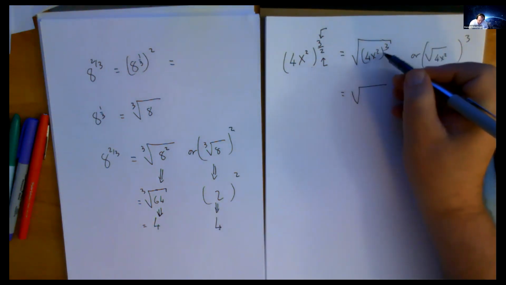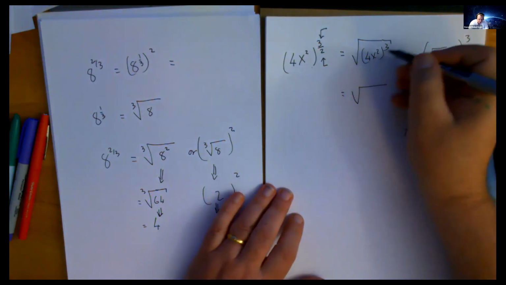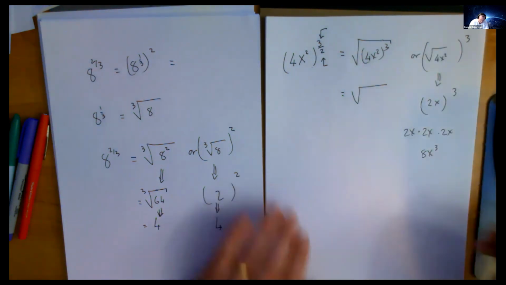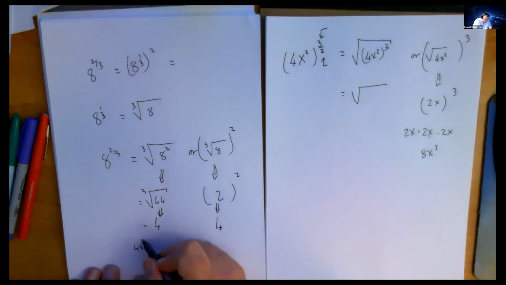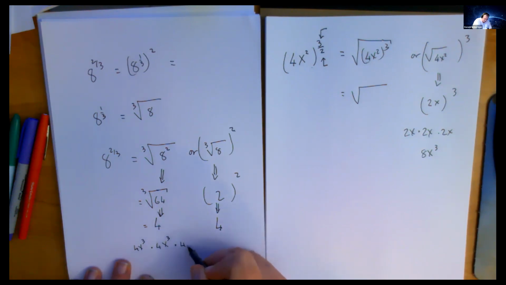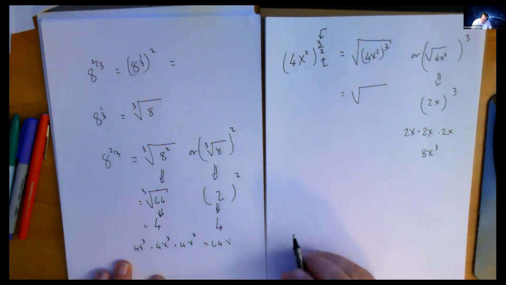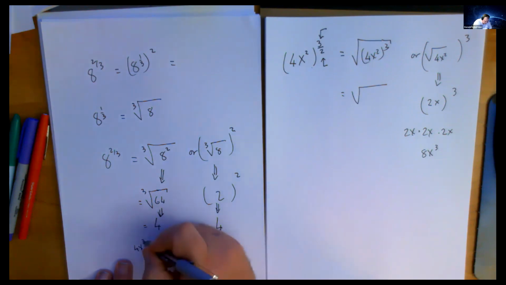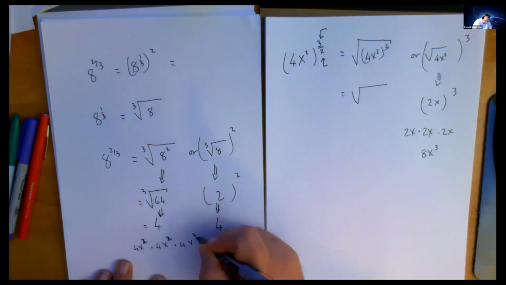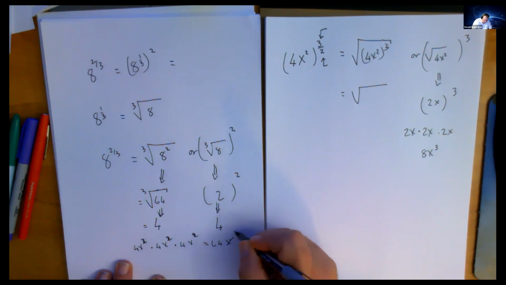Let's go the other road. If you do 4x squared cubed, don't you have to do 4x squared times 4x squared times 4x squared? And 4 cubed gets me 64, and that gets you 64x to the 6.